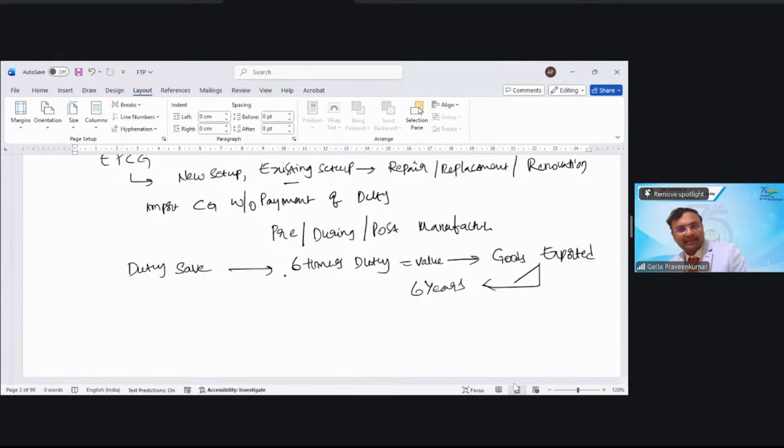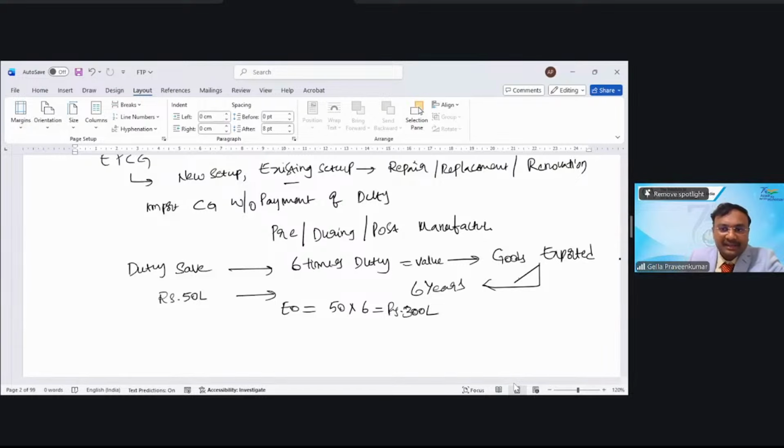This is what they have mentioned. So assuming I have saved duty of rupees 50 lakh, my export obligation shall be 50 into 6, 300 lakhs. So I have to export goods worth rupees 300 lakhs within a span of 6 years.